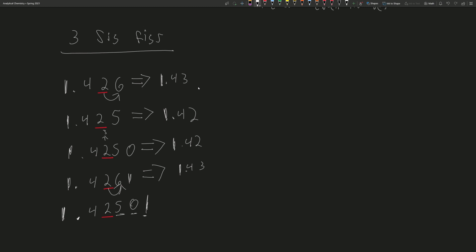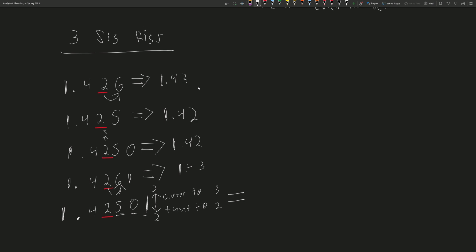This 501 is actually slightly higher, or closer to the 3 than it is to the 2. So we are closer to 3 than 2.